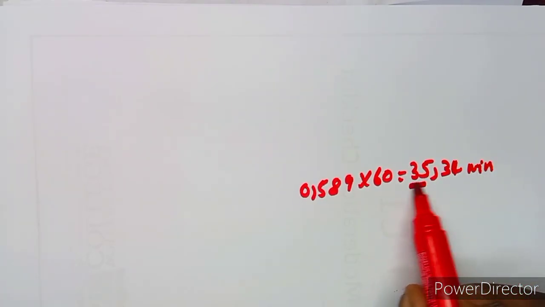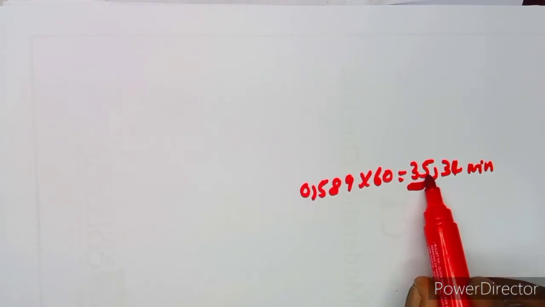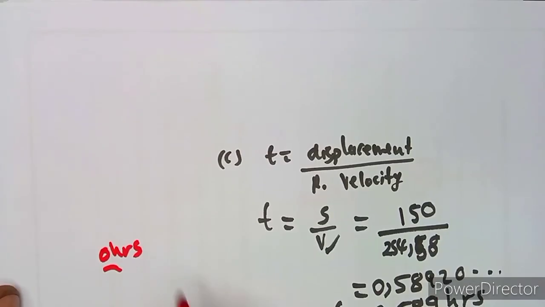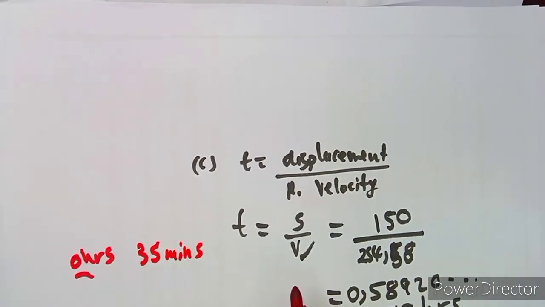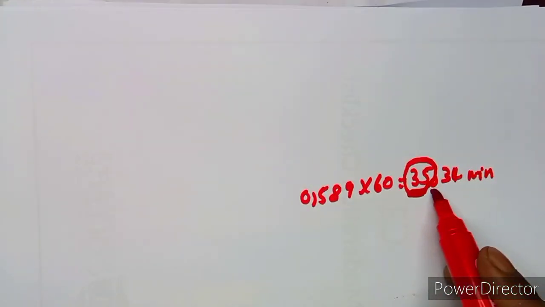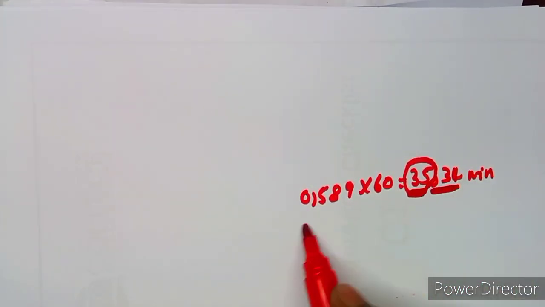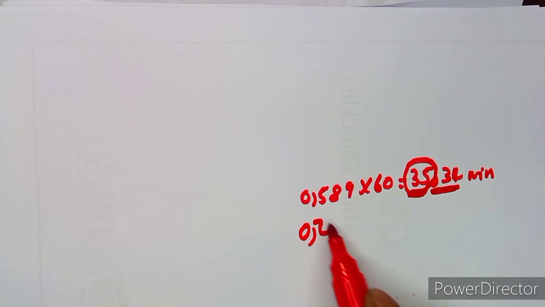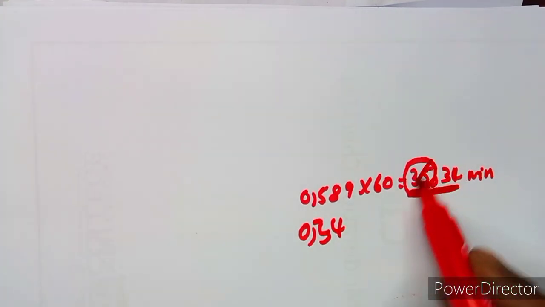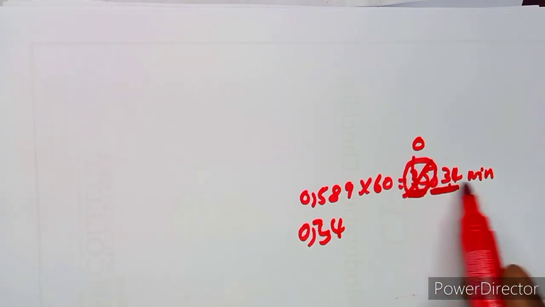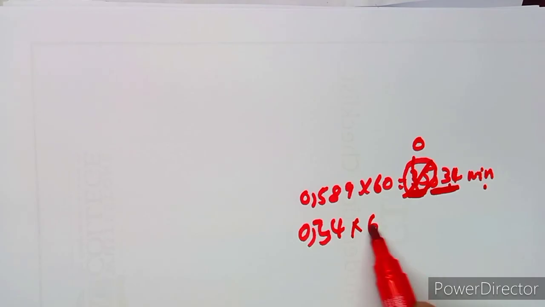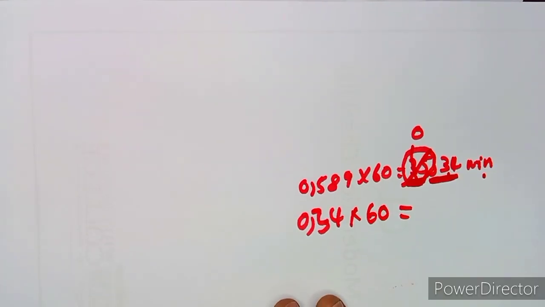As you can see, we have 35 full minutes here, a whole number. That's the number of minutes. But there's a decimal remaining after the comma, 0.34. Because you have taken the 35, you remain with 0.34 minutes, times 60 so that it can be in seconds. So in seconds it will be 20.